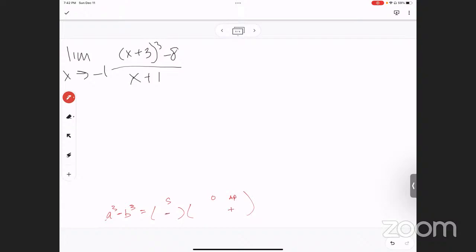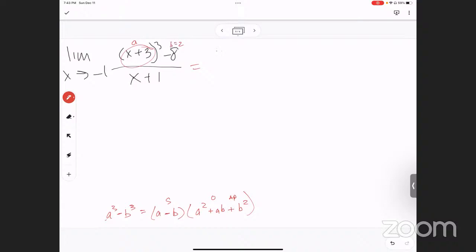The same sign would be a negative, the opposite would be a positive. Then whatever's being cubed, you put it here and here, you square it here and here, and you multiply them together here. So what's being cubed here is your A, and 2 is your B.